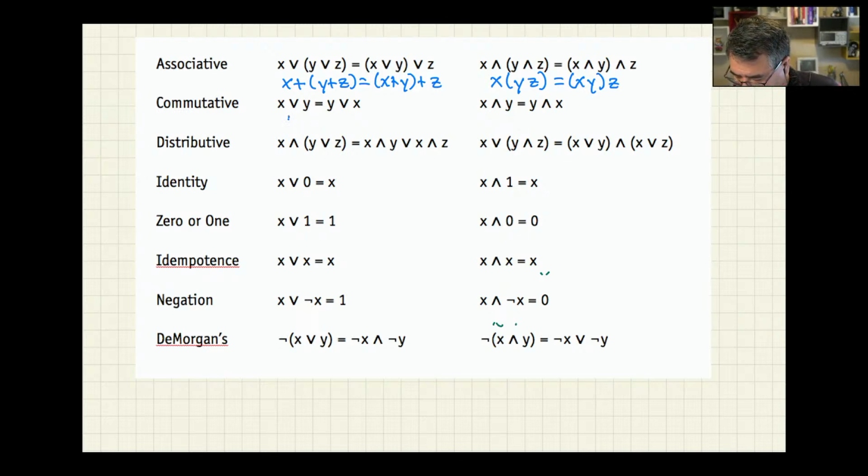What is commutative telling us? Kind of in English. What does commutative tell us?